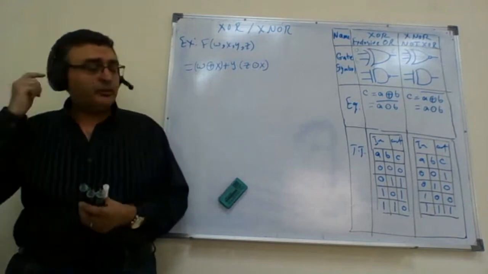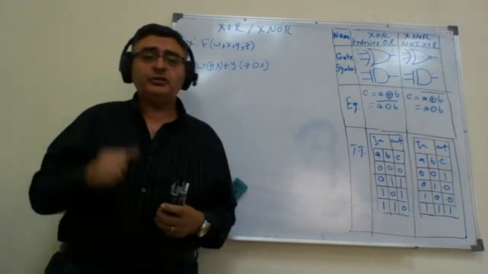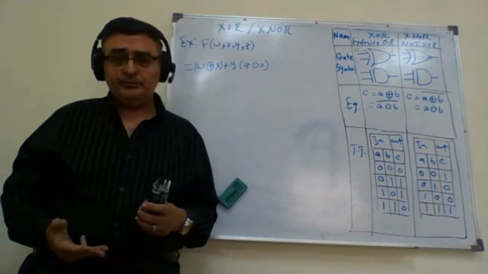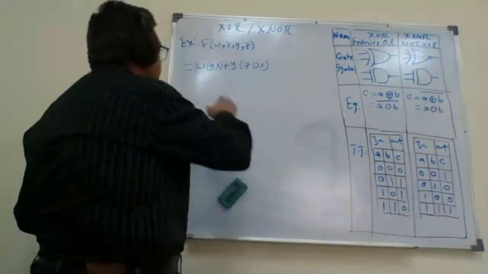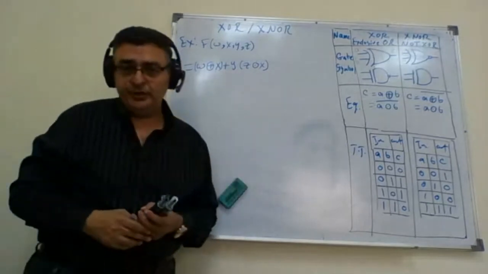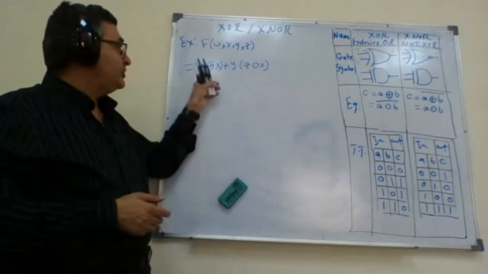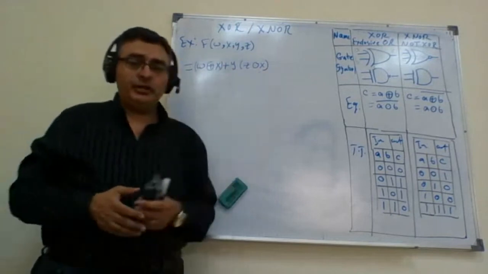Can you see this example? I have here function f. It's a function of 4 variables, w, x, y, and z. And the function is given to me through this Boolean algebra equation. The implementation for this contains an XOR gate and an XNOR gate.